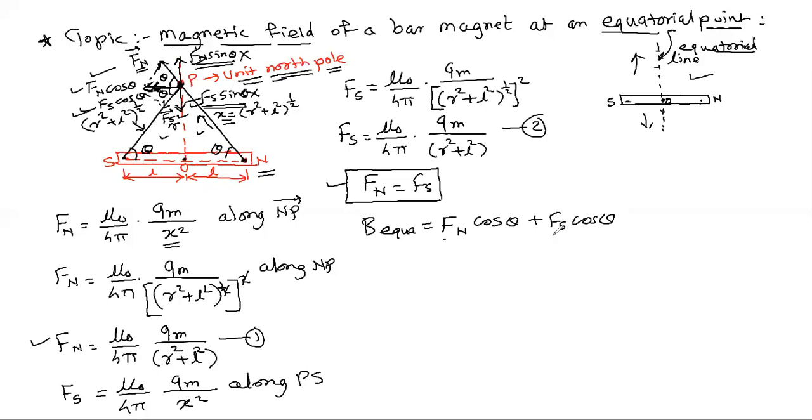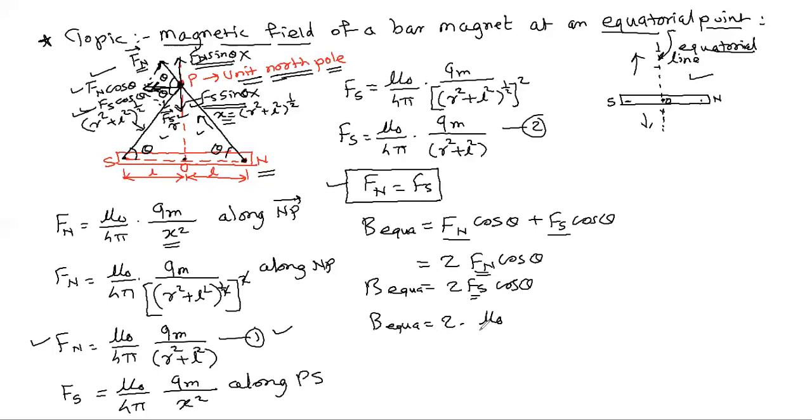Since Fn is equal to Fs, I can write either 2Fn cos theta or 2Fs cos theta and put the value of Fn or Fs here. So magnetic field at the equatorial line is equal to 2 into mu 0 upon 4 pi, Qm upon R square plus L square.